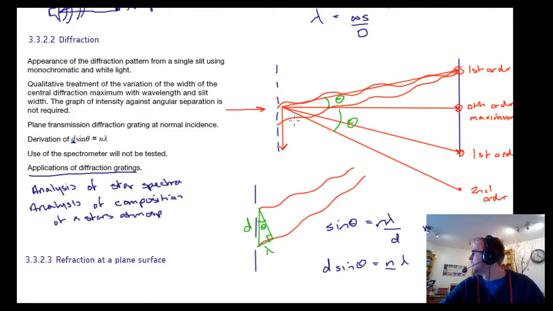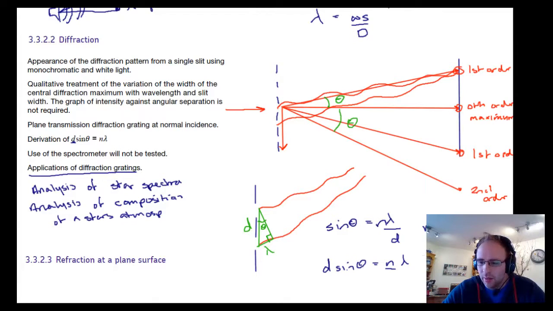So if we make theta 90, then n max is going to be d divided by lambda. That's our maximum number of diffracted orders, where sine theta equals 1.